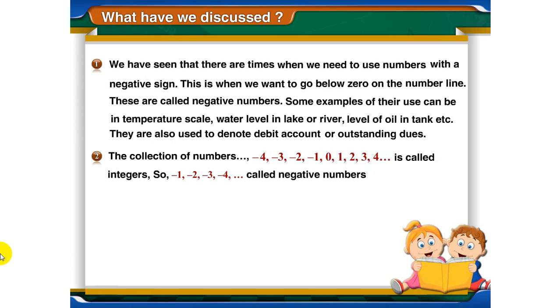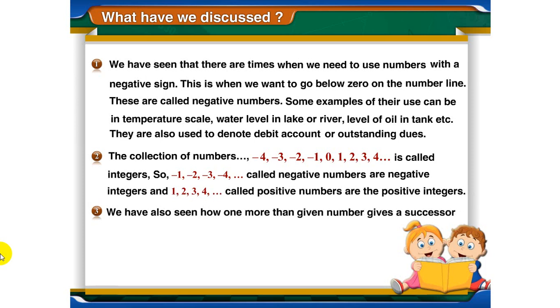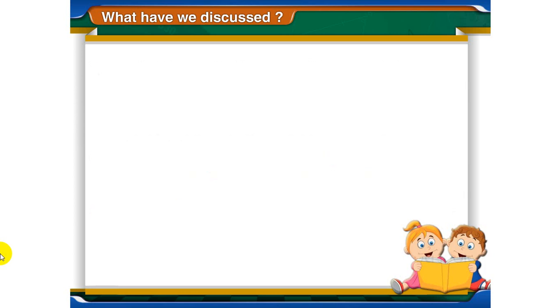So, minus 1, minus 2, minus 3, minus 4, and so on, called negative numbers, are negative integers, and 1, 2, 3, 4, and so on, called positive numbers, are the positive integers. 3. We have also seen how one more than the given number gives a successor, and one less than the given number gives its predecessor.